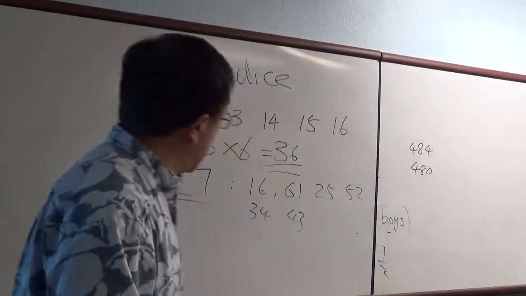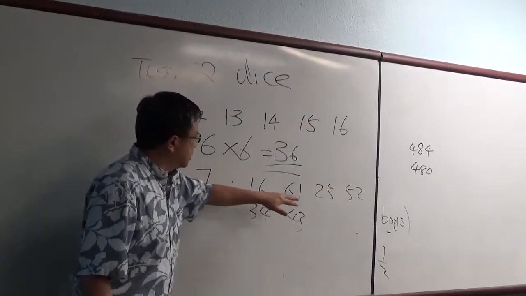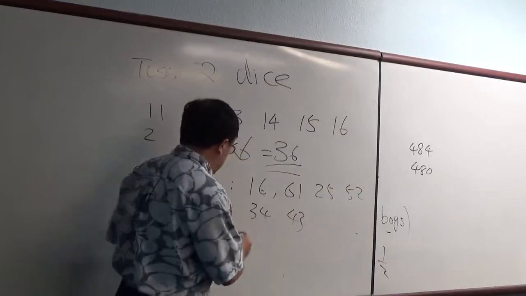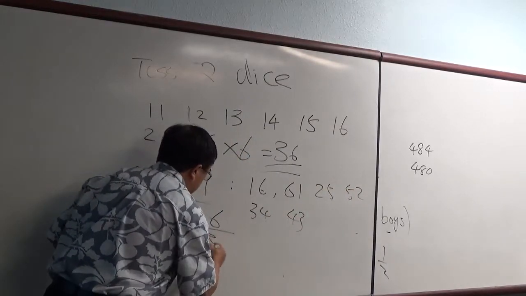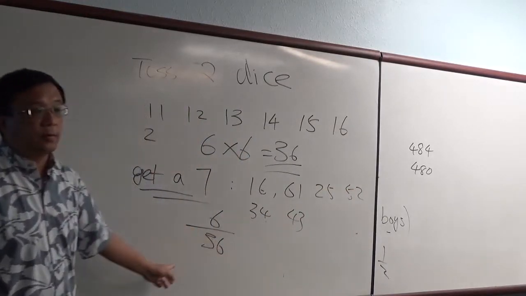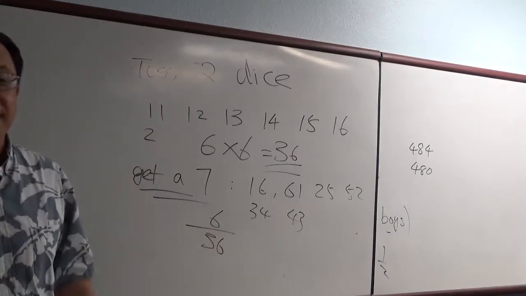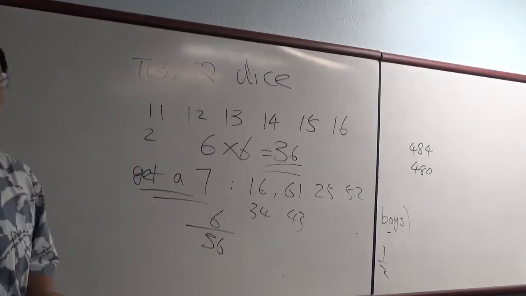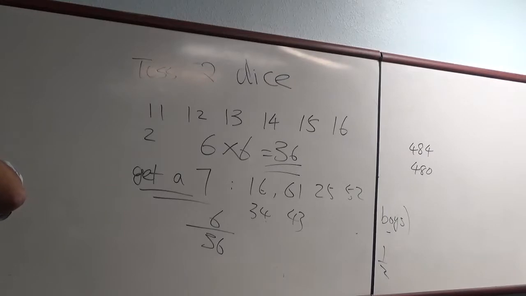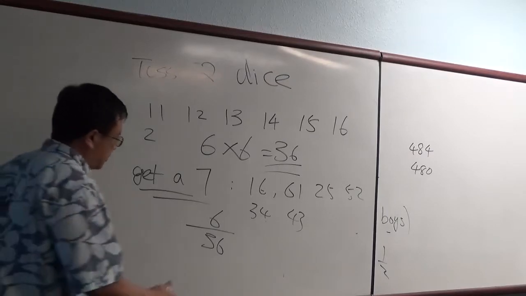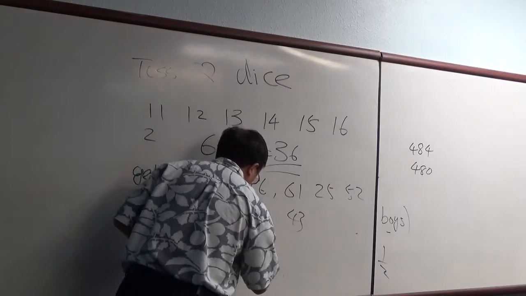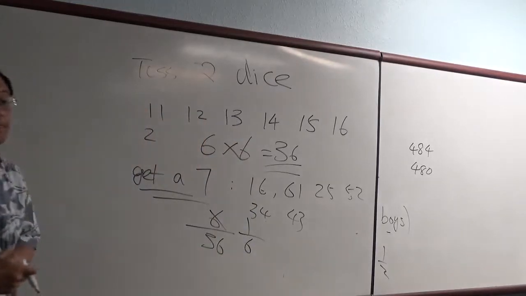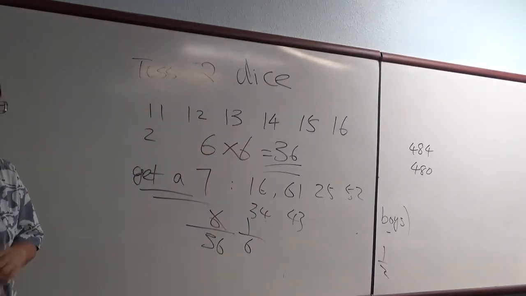No, it is 6 over 36. But make sure you reduce it. When you use the StatsLab, you need to simplify. So it is 1 out of 6. Good.